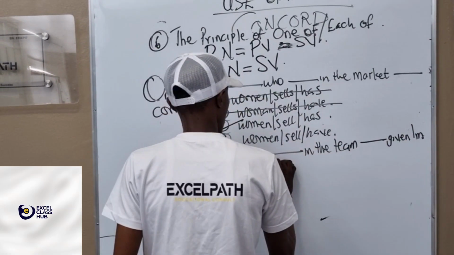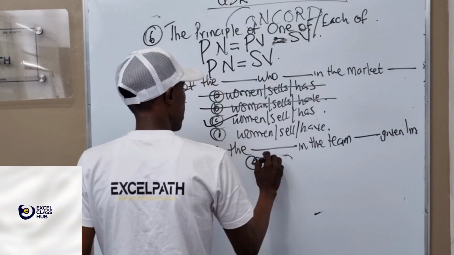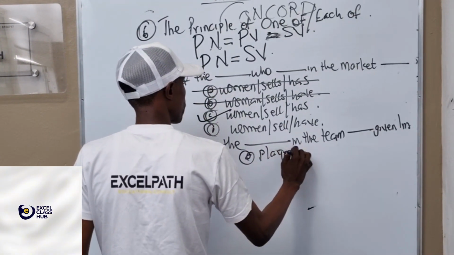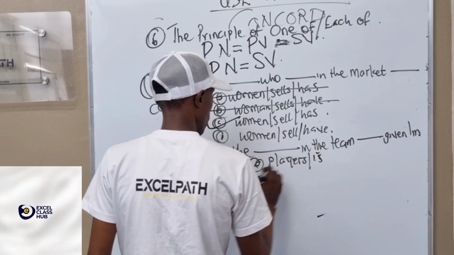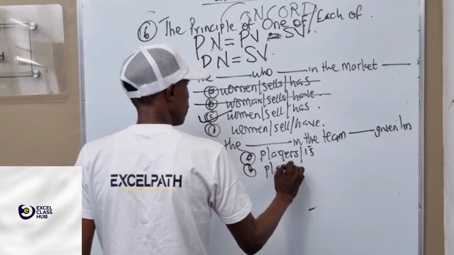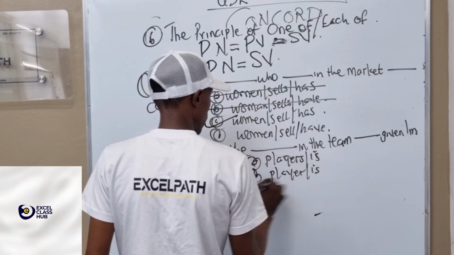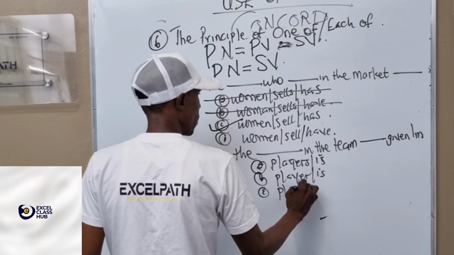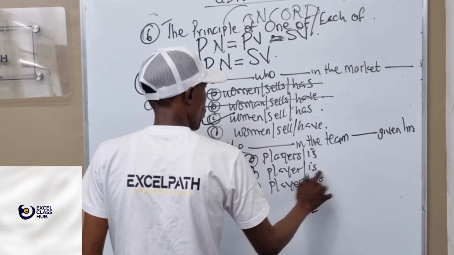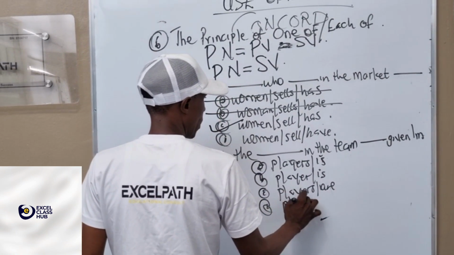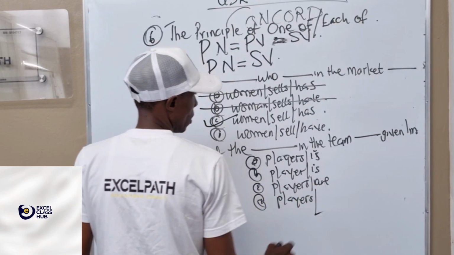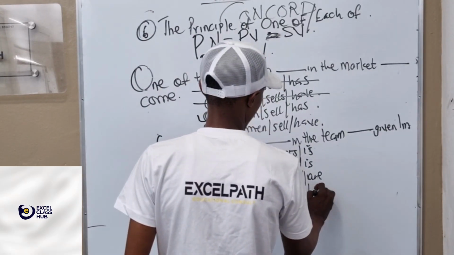We have players, ace. We have player, we have ace. We have players, we have R. Then we have players, player, we have R.